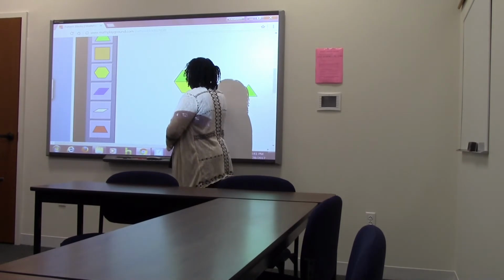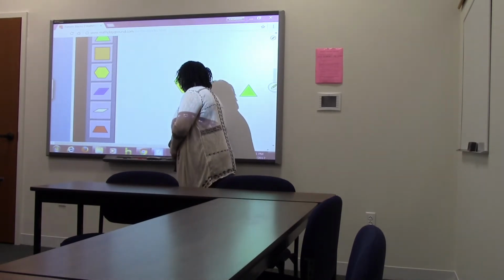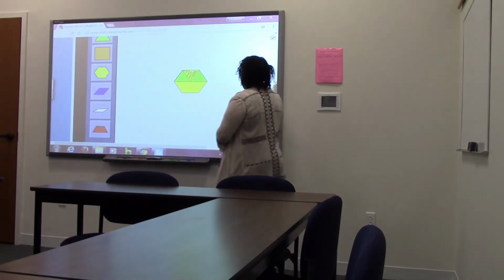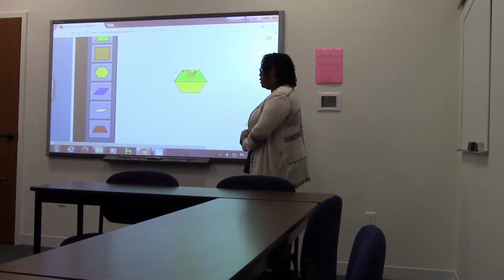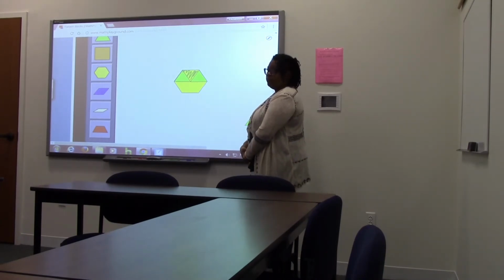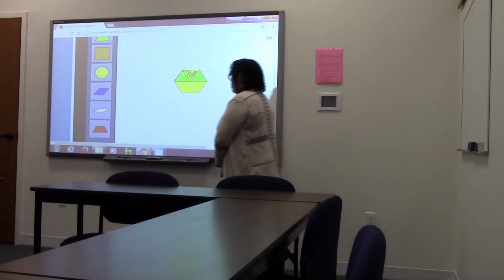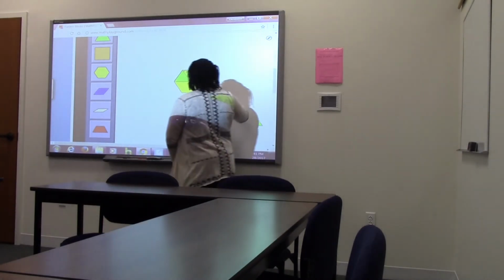So let's imagine that we had 3 triangles. Let's pretend right now that this is a green triangle here. What shape could we use, and then what fraction will represent the three triangles and the equivalent fraction? One trapezoid. A trapezoid. Great.